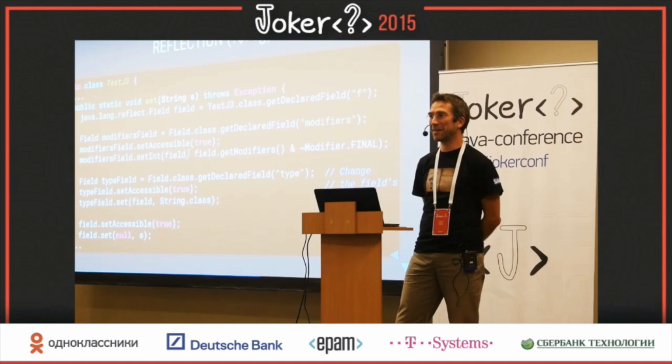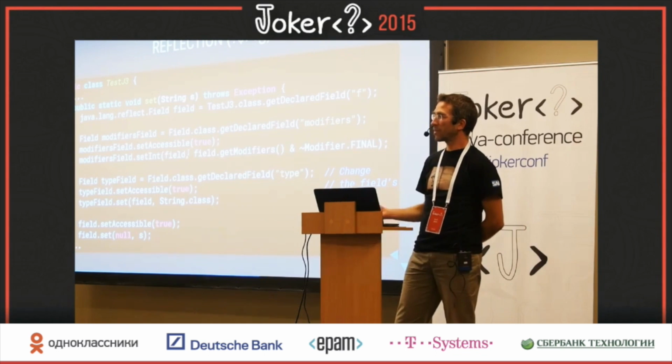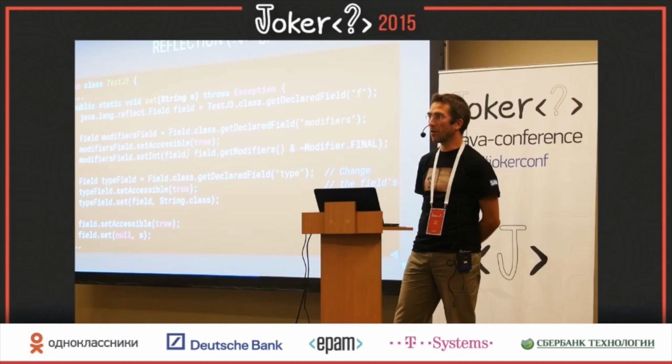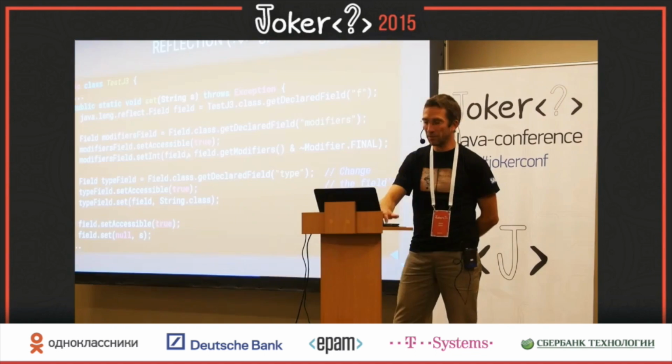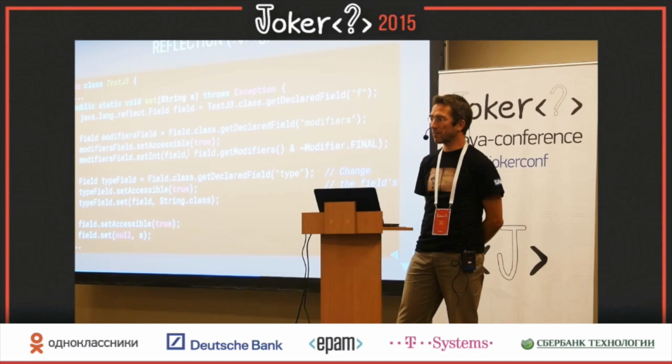You have to try. I mean, with reflection, you cannot generate classes. By reflection, you just change existing objects which are there already. But maybe you can generate bytecode yourself.